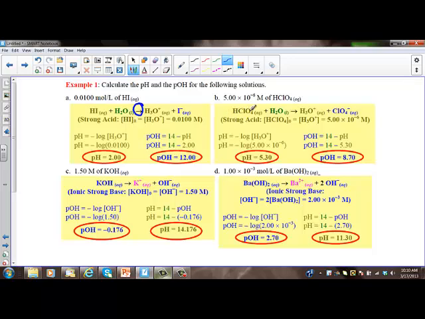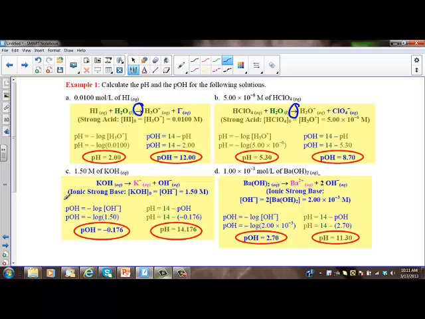In B, I have another strong acid. I have 5 times 10 to the negative 6 molar HClO4. It completely dissociates, noted by the strong arrow. So my pH is the negative log of the H+ concentration, which gives me a pH of 5.3, and my pOH is 14 minus that, which is 8.7.